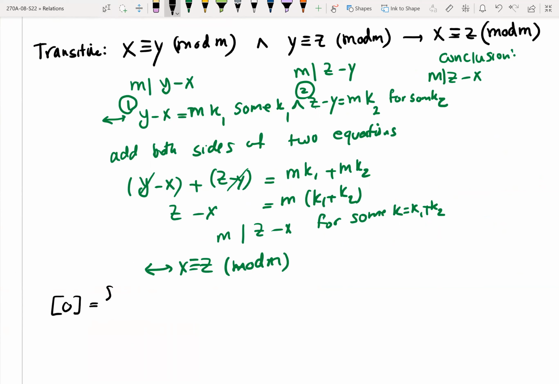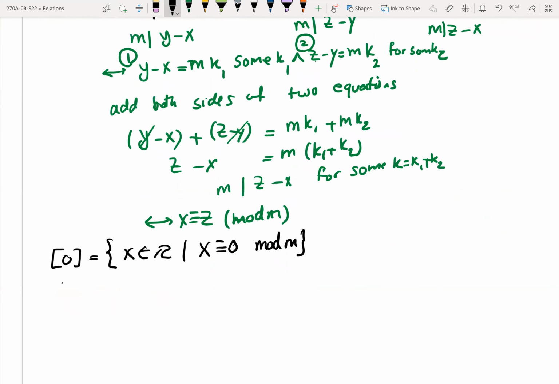It is going to be the set of all integers that have the same remainder as 0 in mod m. Class of 1 is the set of all integers which have the same remainder as 1 in mod m.